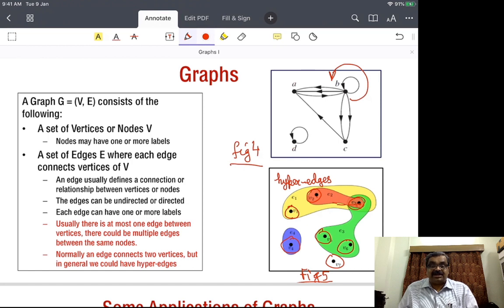So an edge, in the general definition, is a relationship between two or more vertices, and therefore an edge is actually said to have more than one vertex in the general case.